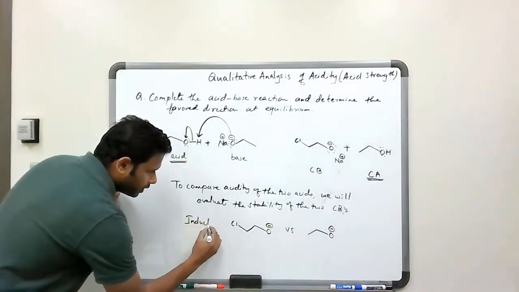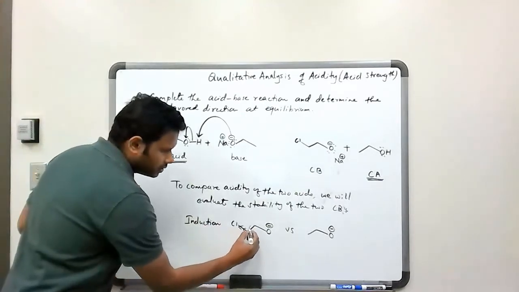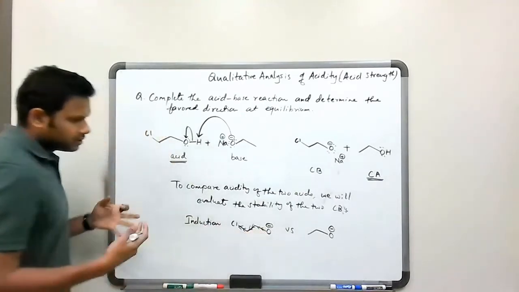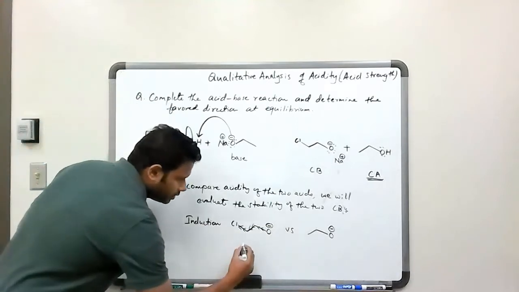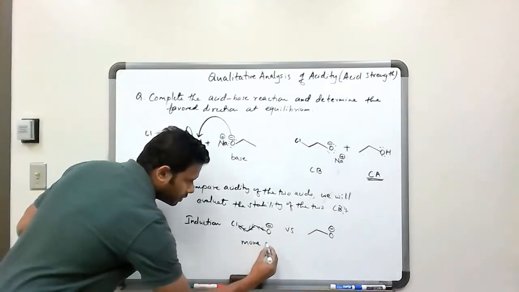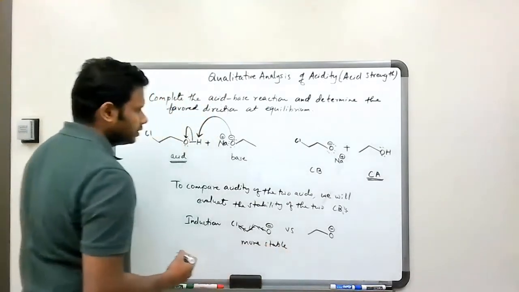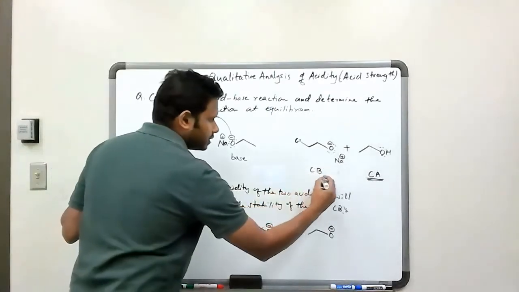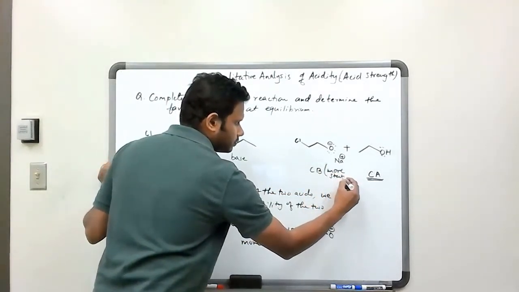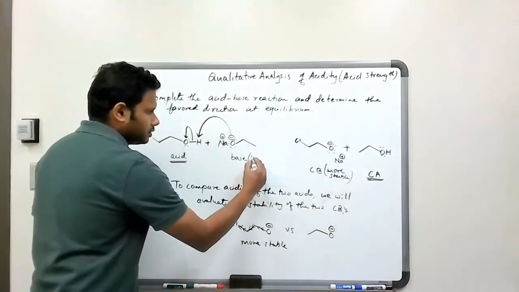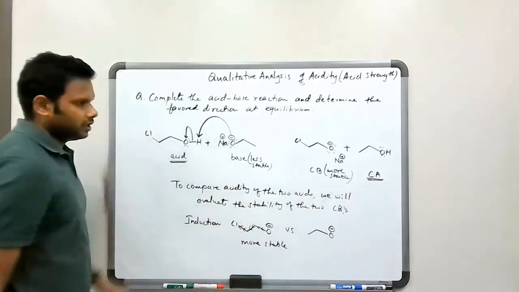So we can compare the stability of these conjugate bases on the basis of induction. So because there is a chlorine here, this conjugate base must be more stable. Okay, so this conjugate base here is more stable, and this base here is less stable.